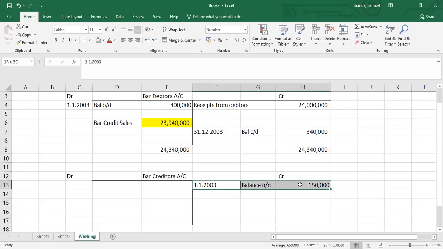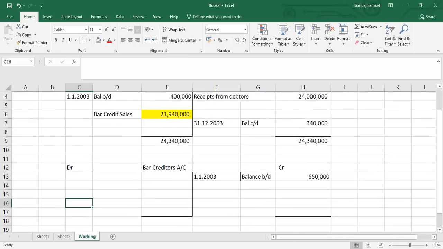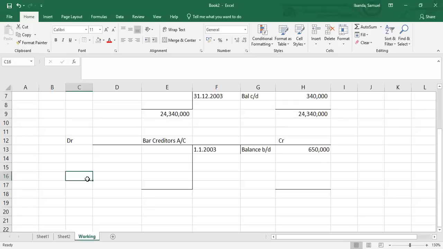So as I record my balance brought down right here, I'll come and record my carried down here, okay, for the period. Remember, as it's a carried down in this financial year, it will be a brought down in the next financial year on the credit side to still meet the rule, okay?